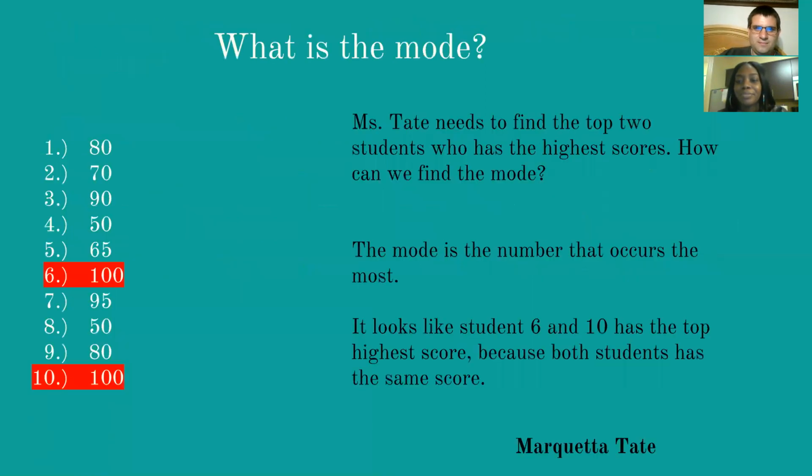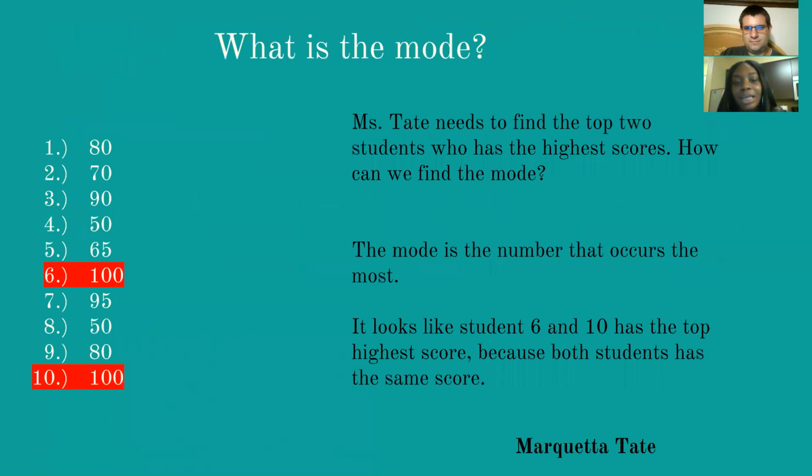Okay, got it. What is the mode? I've got the perfect example. Miss Tate needs to find the top 2 students who have the highest scores. How can we find the mode? The mode is the number that occurs the most.